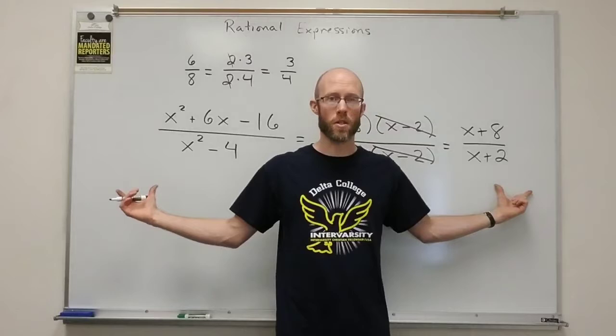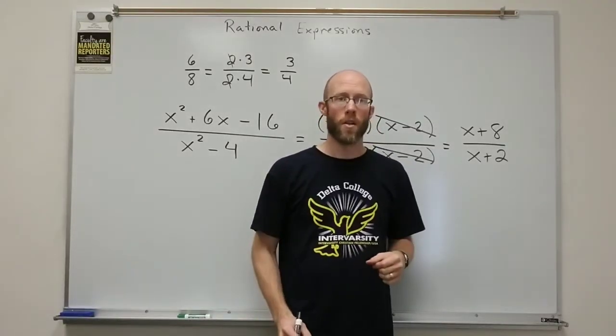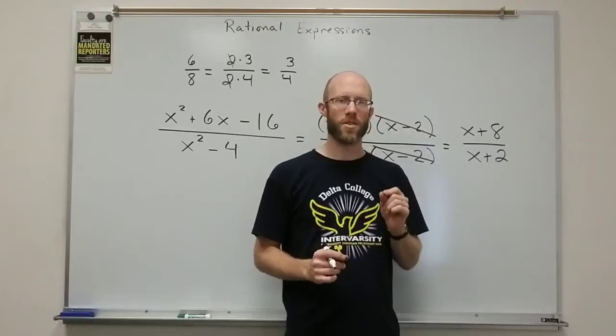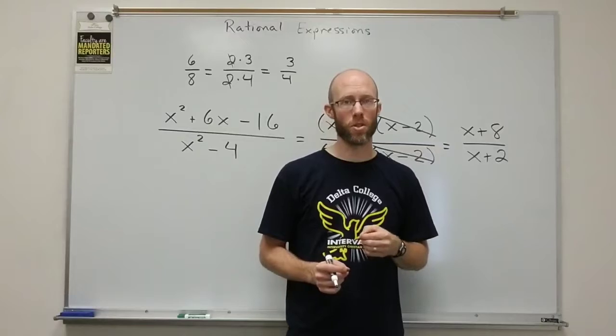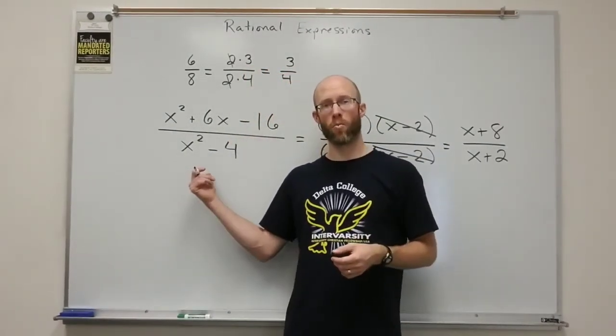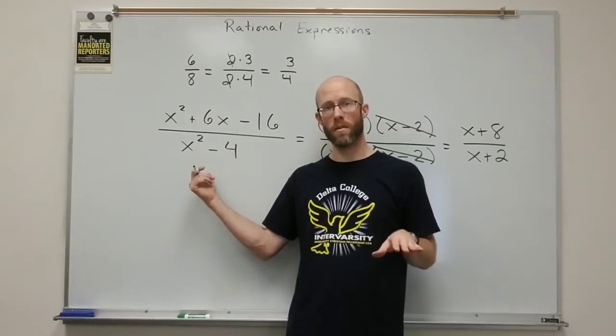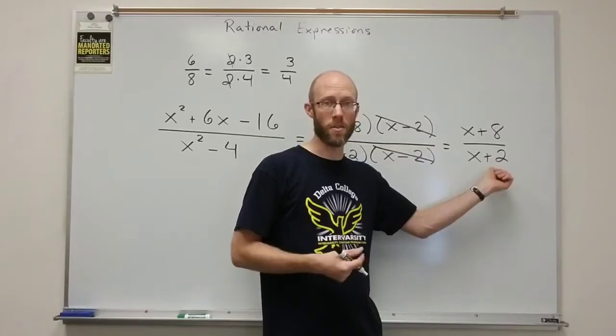So these two rational expressions, the big one and the smaller one, are equal except at the point that was canceled out, except when x is equal to 2. When x is equal to 2, the bigger one doesn't have a point there, it's undefined. The smaller one does have a point there, it is defined.